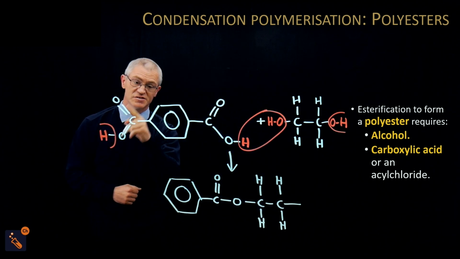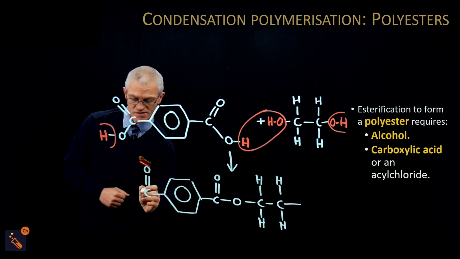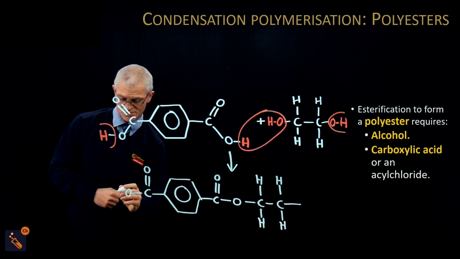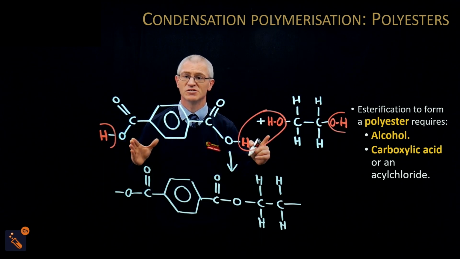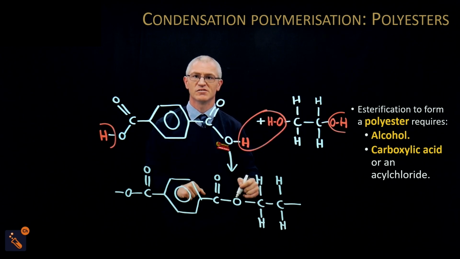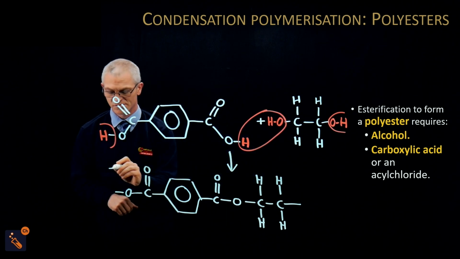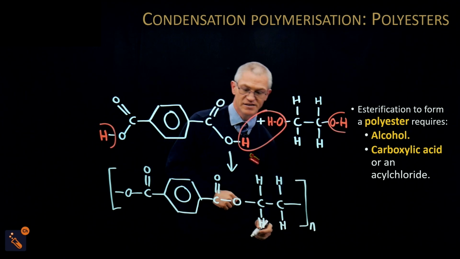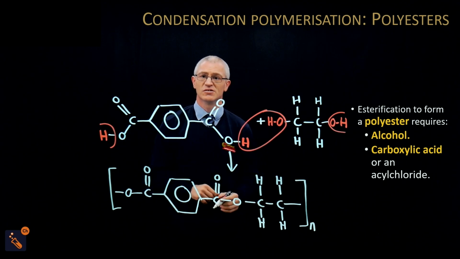Okay, and then I have to draw out this section here. Okay, and then there's the O. Notice the H is gone because I'm doing that. And then there you've got a repeating unit because you've removed your water. So water's gone here. You're forming an ester between that bond there, and then the water is gone here. Now remember, this is a repeating unit. Okay, and normally you put n there to say any number of repeating units that goes through here.